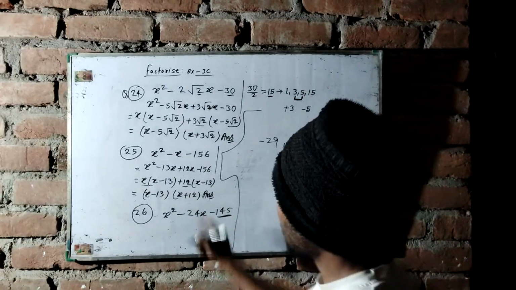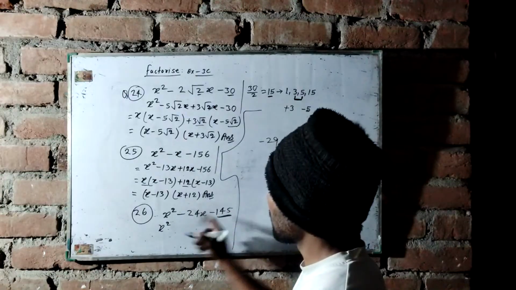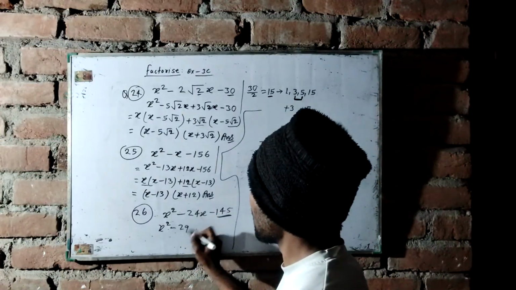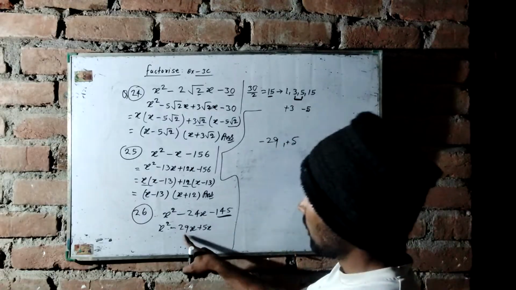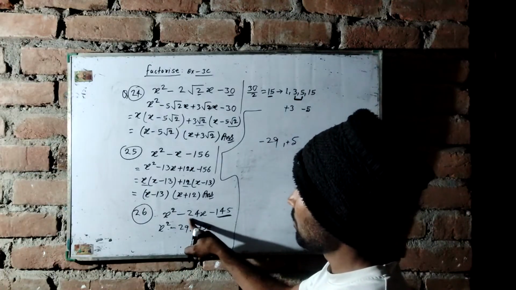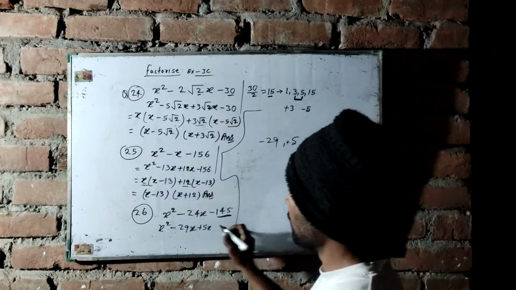So this polynomial can be written as x squared, and minus 24x can be written as minus 29x plus 5x, because their sum will be minus 24x and their product will be minus 145.